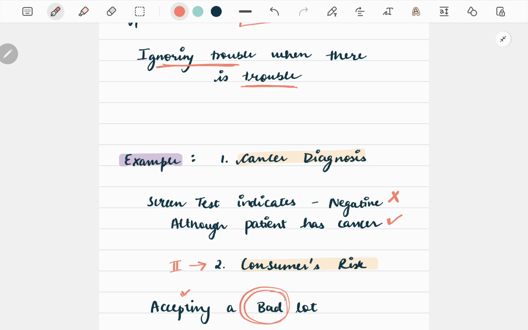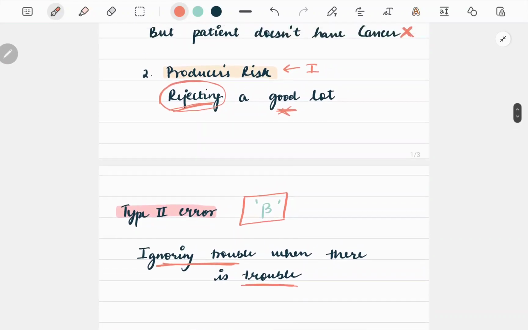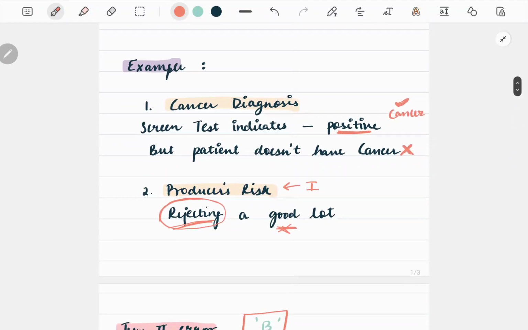However, if we think about producer's risk, where a good lot is being rejected by the consumer or by the clients, it will result in bad economic conditions. So it's like wasting your product thinking that it is bad, which will have some economic impact.